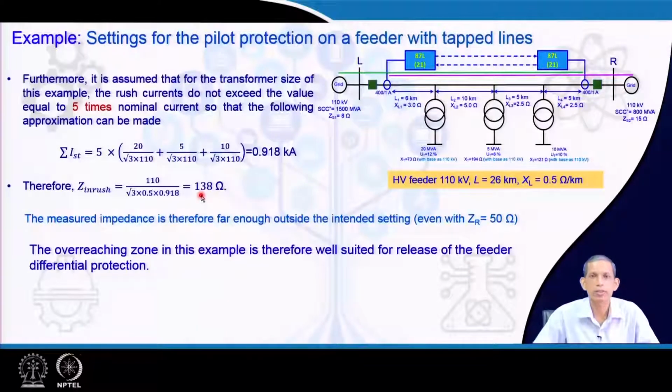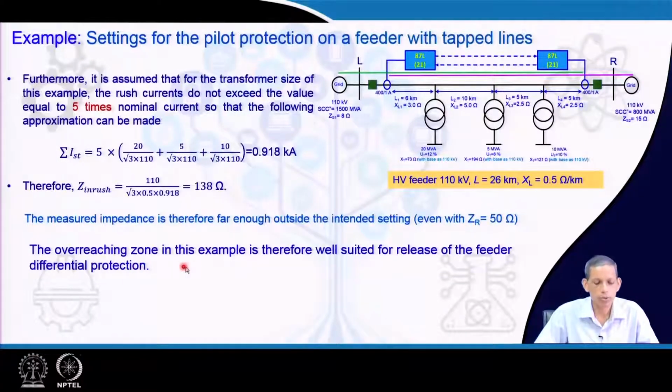So, it means that for an internal fault, the corresponding impedance seen by the 21 will be much smaller than that seen during inrush or a fault beyond the transformers. So, this measured impedance is therefore far enough outside the intended setting of ZR, even if we set a very large value of 50 ohm or so, and that will not be a problem.